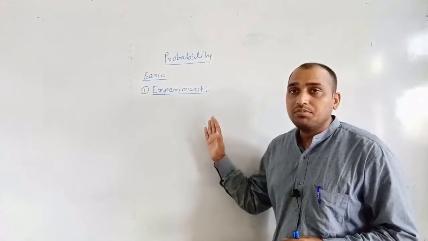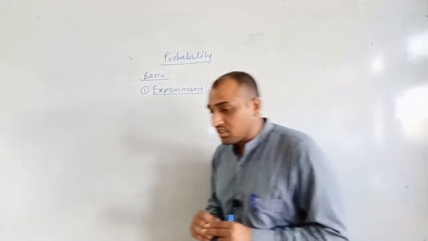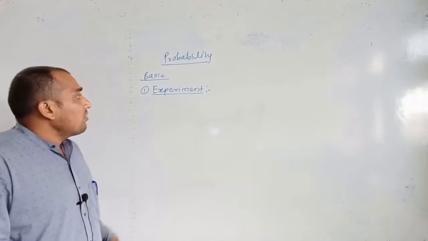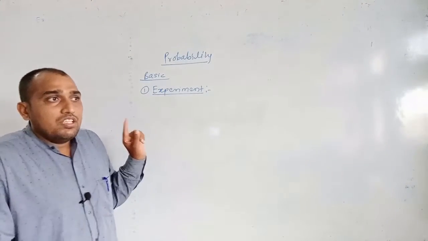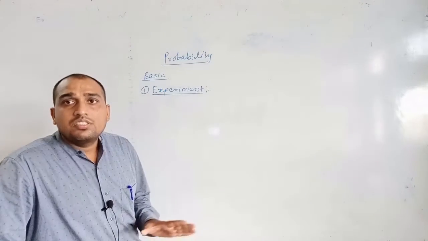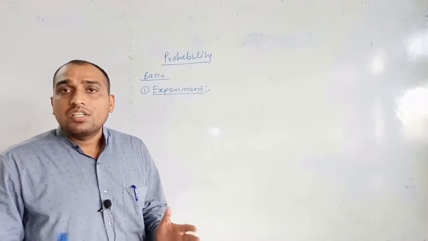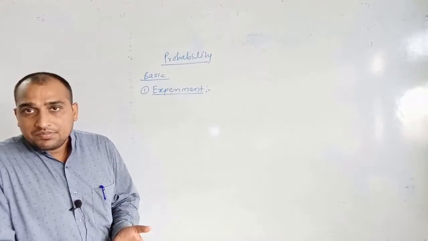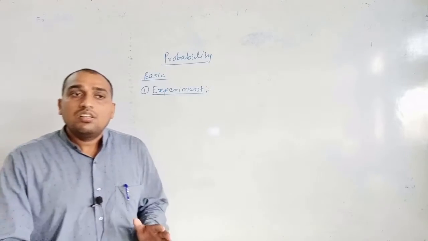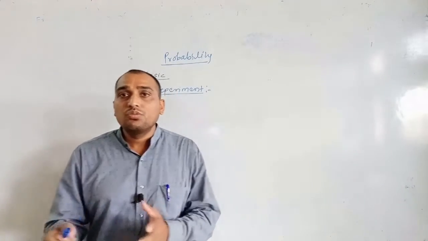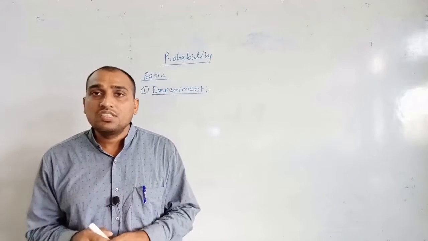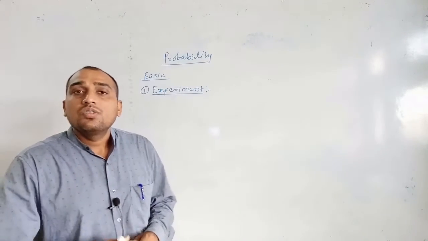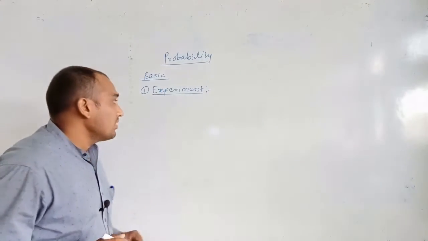For example, tossing a coin is my experiment. What are the outcomes? Head or tail. If my experiment is rolling a die, the outcomes are 1, 2, 3, 4, up to 6. So, an experiment is any task or action which has one or more than one outcome.